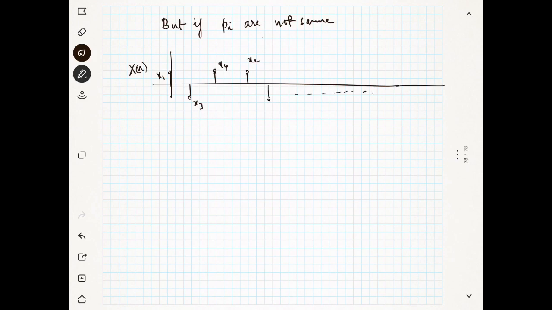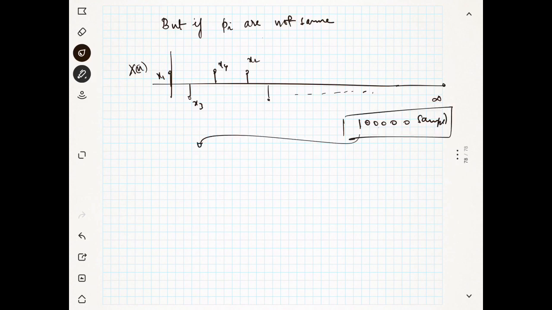Now you observe the signal for, say, 1 lakh samples. You are observing the samples of this random phenomenon, and you have collected 1 lakh samples.